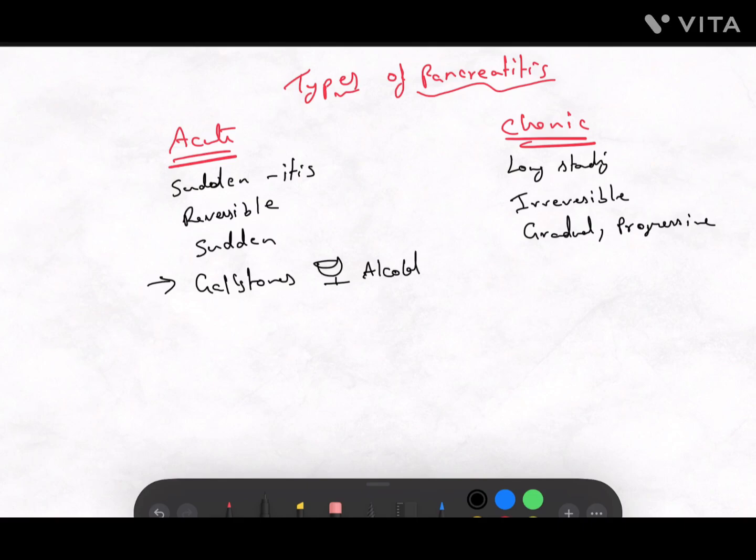In chronic pancreatitis, the main cause is chronic alcohol consumption, some genetic disorders, and unknown causes, idiopathic. In acute pancreatitis we mostly see edema, inflammation and necrosis. In chronic pancreatitis we see fibrosis, calcification and gland atrophy.